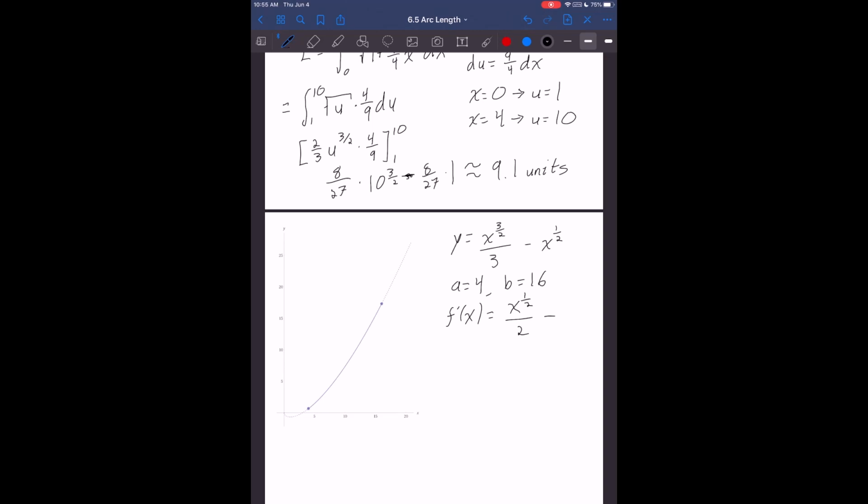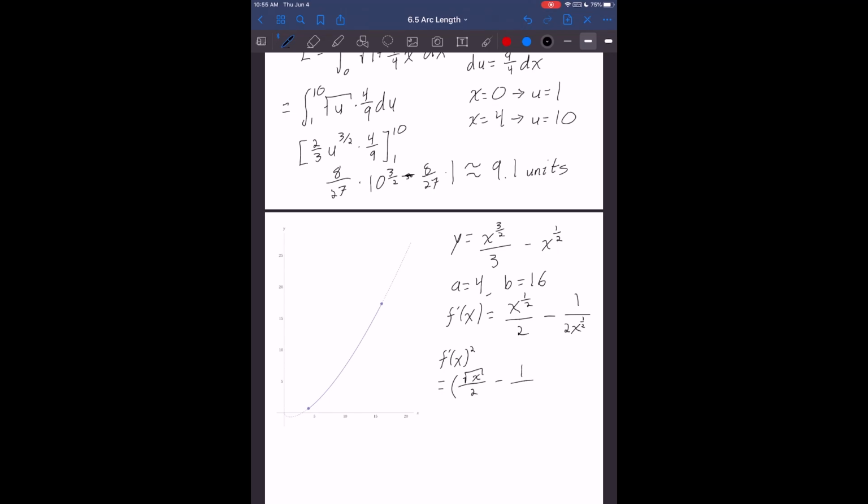And the derivative of x to the 1/2 is going to be 1/2 x to the negative 1/2. So this is 1 over 2 x to the 1/2, right? Negatives will always put things into the denominator. All right, and now what we can do is we can figure out what f prime of x squared is.